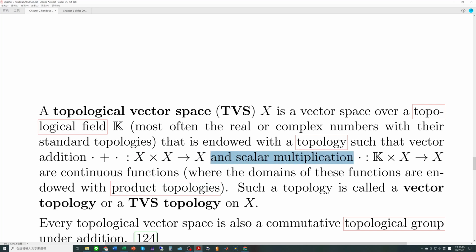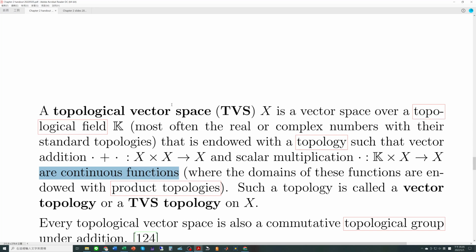And the scalar multiplication dot, K times X maps to X, where this times also denotes the Cartesian product, are continuous functions. I think you have already learned what a continuous function is in the course calculus.